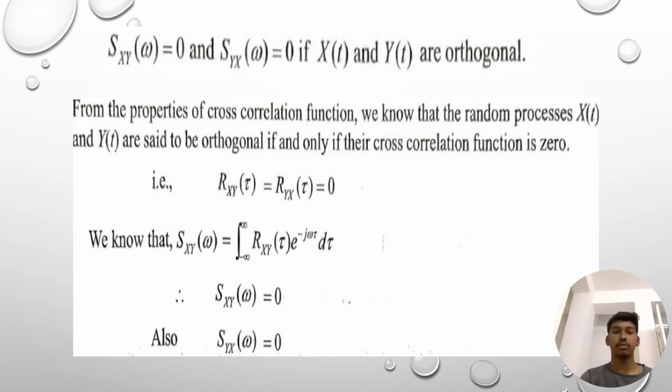That is, Rxy of tau is equal to Ryx of tau is equal to 0. We know that Sxy of omega is equal to the integral from minus infinity to infinity of Rxy of tau e power minus j omega tau d tau. So if both processes are orthogonal, the PSD must be 0.